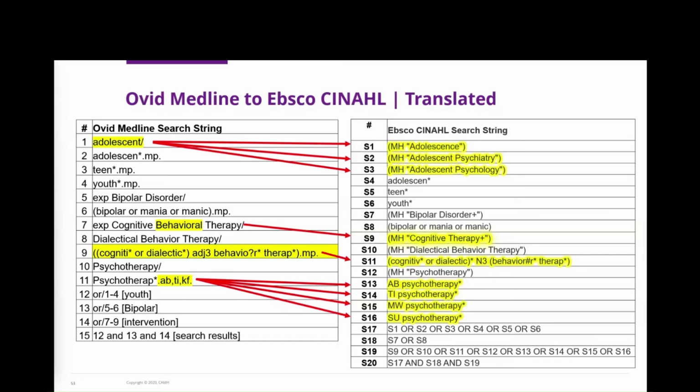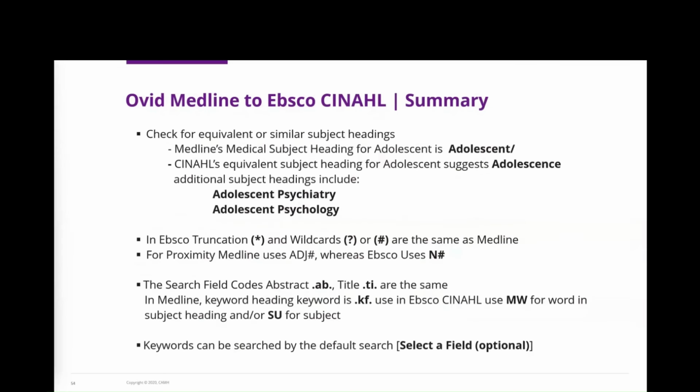For wildcard, you could use the hashtag or question mark. For field codes, we use AB, TI, and MH, MW, and SU. Here's a summary of the Ovid Medline to Ebsco CINAHL. Next up, translation example 3.